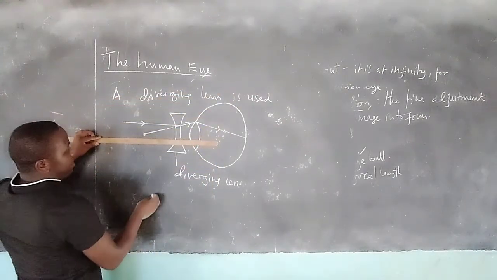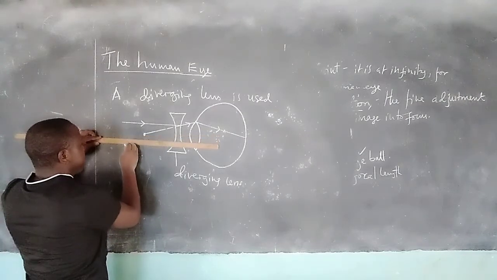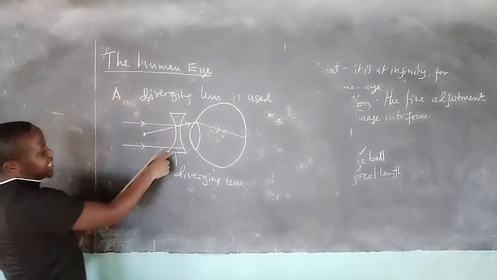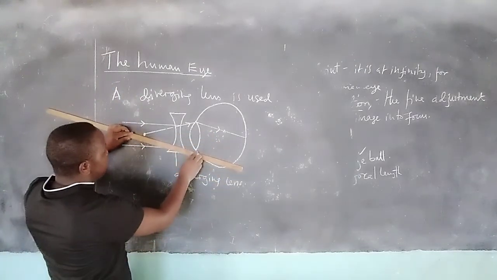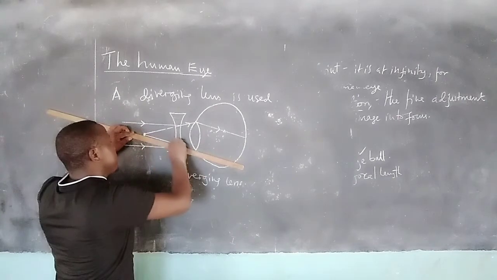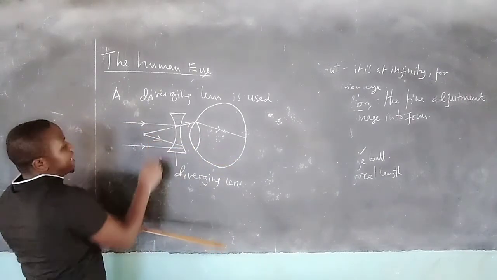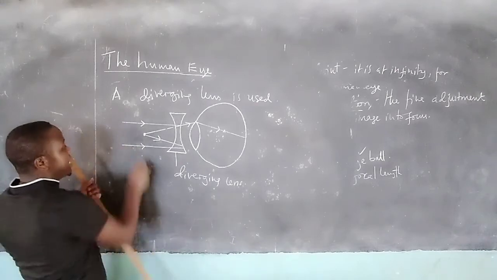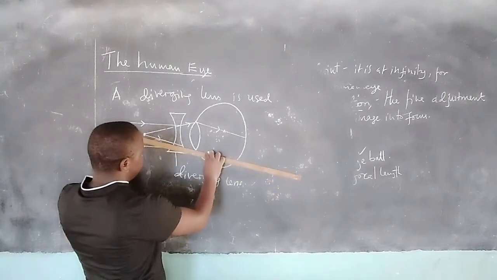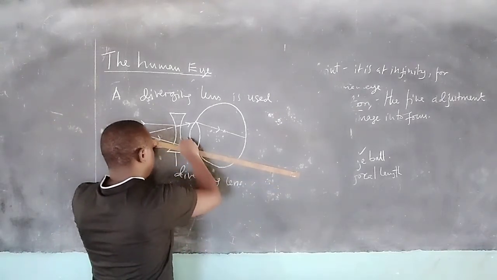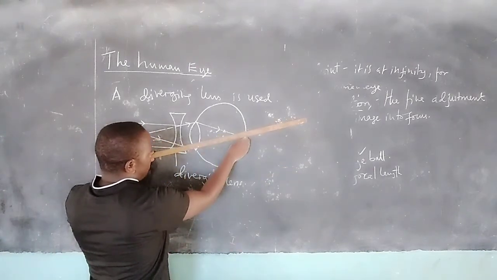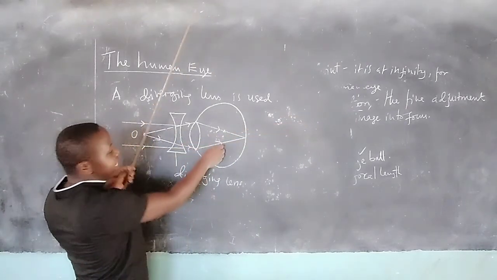From the other side, if a ray comes from a far object, on reaching this type of lens, the ray gets refracted such that it appears to come from a common point here. That ray now appears to be coming from a near point, and it can now go to the lens of the eye and be converged, because the eye can only see objects which are near.